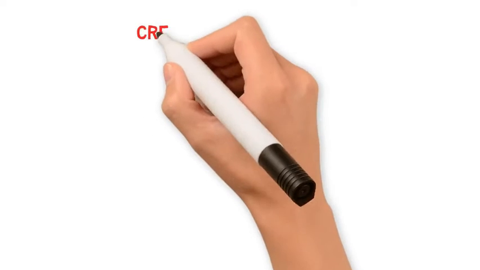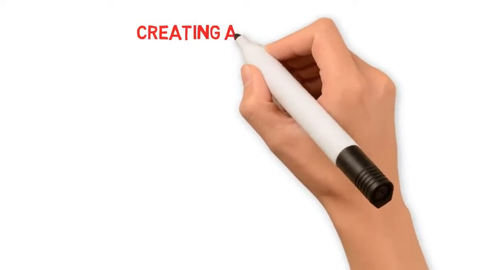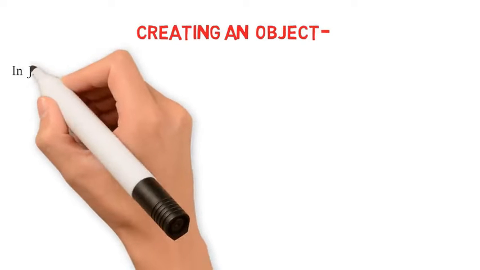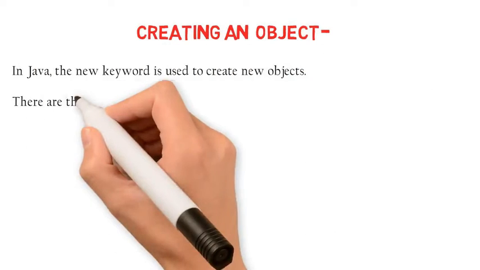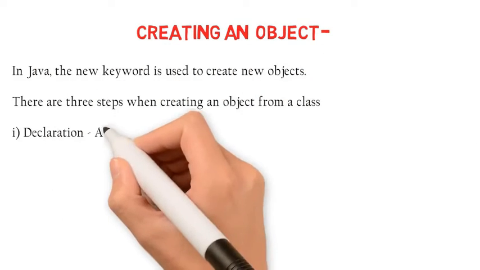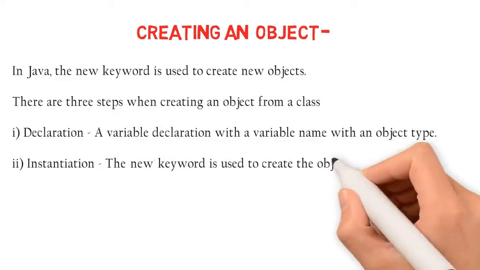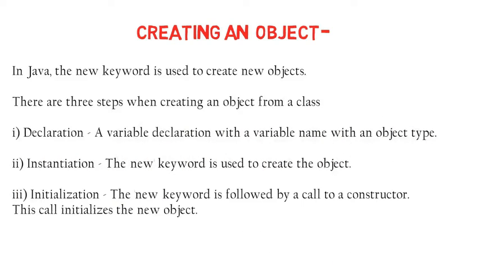Next we will see how we can create an object. In Java the new keyword is used to create new objects. There are three steps for creating an object from a class. First is declaration, second is instantiation and third is initialization.